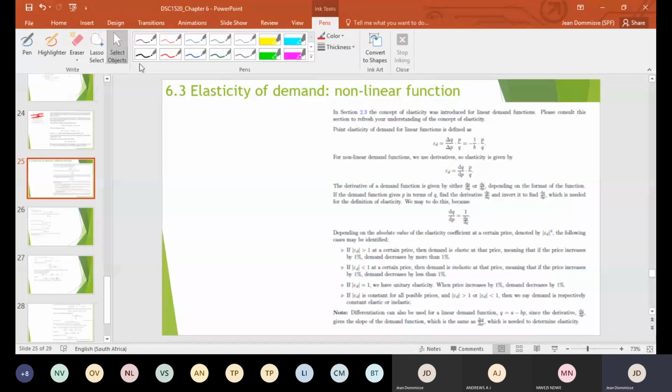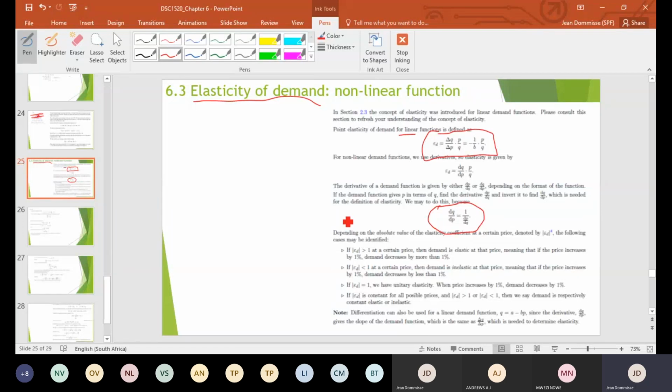So the elasticity for non-linear, when we looked at the linear function, it was nearly to say it was the minus 1 over b times p over q. So when we look at the non-linear function, it is a bit different. And I think that is important.